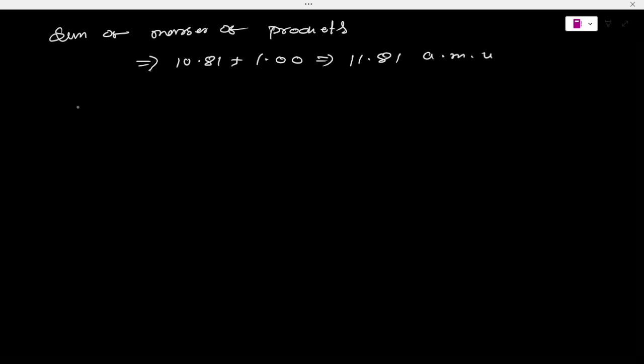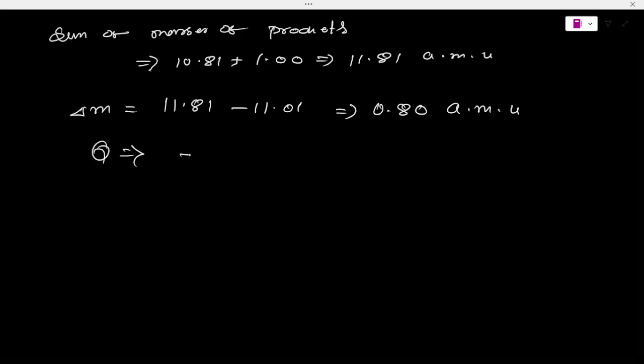Del m is equal to 11.81 minus 11.01, which is around 0.80 AMU. And Q is equal to minus 0.801 into 931, so the value is minus 745.7 mega electron volt.